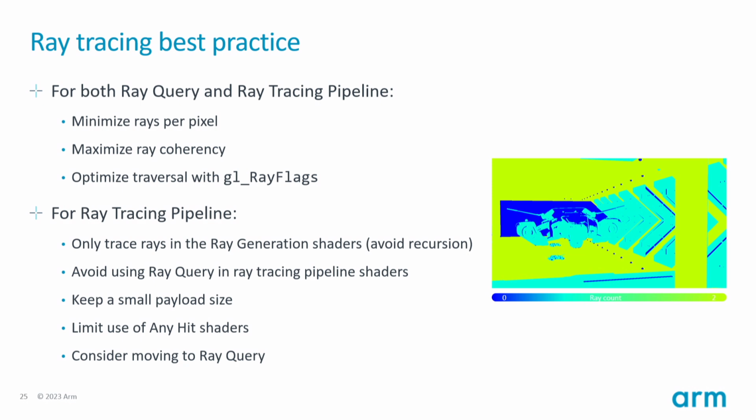It will be very slow. And you should always keep the payload size as small as possible. And you should limit the use of any hit shader as it will slow down the ray traversal, because any hit shader needs extra checking.